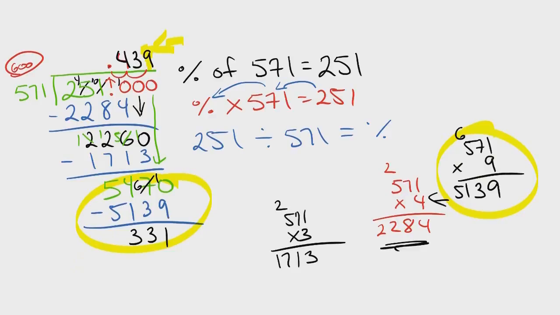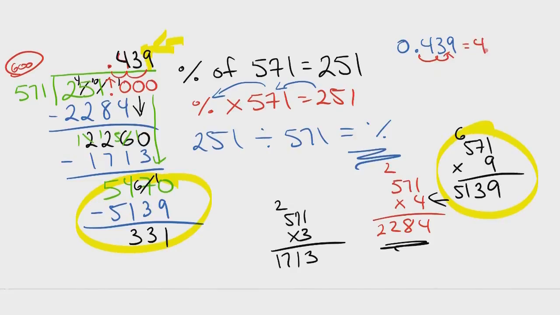We end up with 0.439, but it's a percent, so we have to change it to a percent, and we multiply it by 100, or we just move the decimal 2 spaces to the right. It's always 2 spaces, either to the right or to the left. This is to the right because we're changing it to a percent.